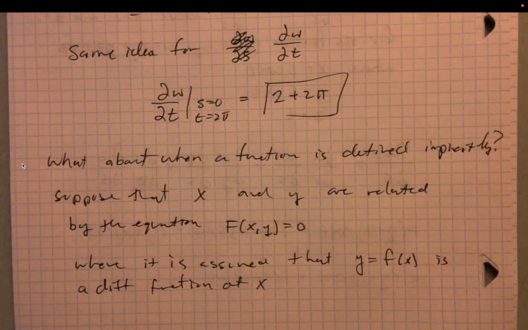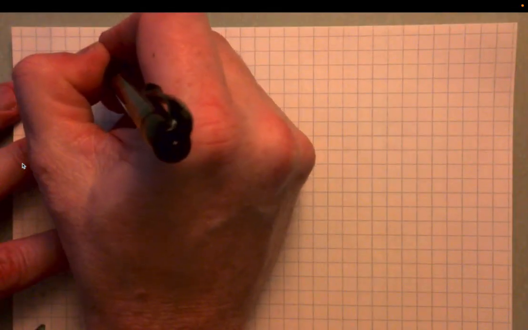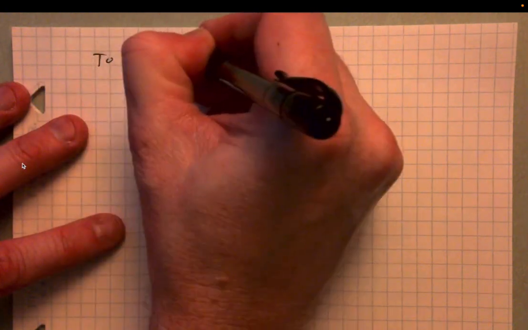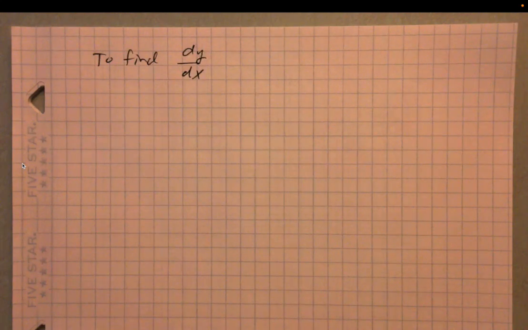So let's say we want to find the derivative of y with respect to x. Okay, so let's switch pages here. So to find dy/dx, we can use implicit differentiation, right, as previously defined, kind of the same thing as what we've seen in the past.